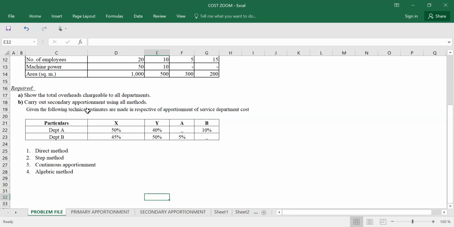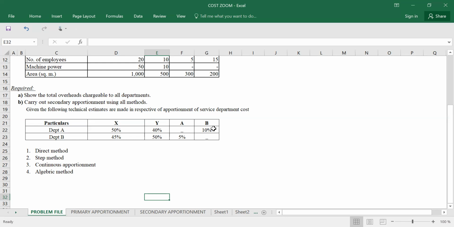Given the following technical estimates made in respect of the apportionment of service department costs, these are the estimates. They are telling us that Department A will distribute 50% of its overheads to X, 40% of its costs to Y, and 10% to B. Of course, that dash simply means that it is distributing, so it cannot distribute to itself.